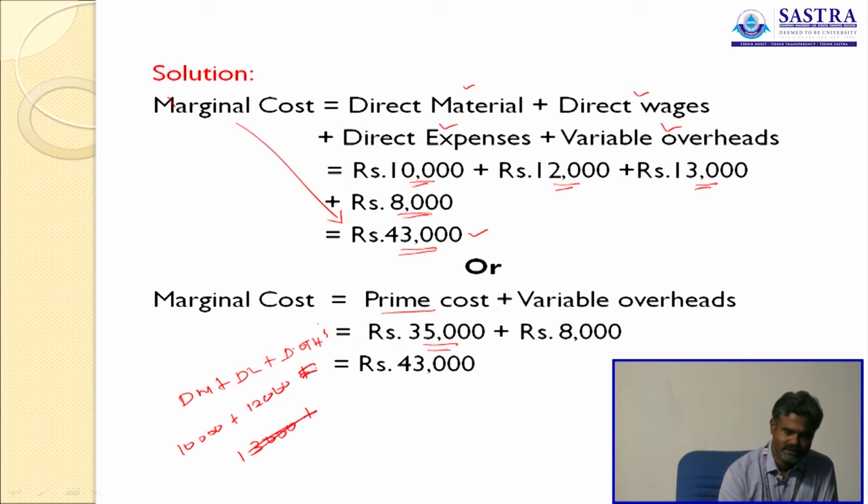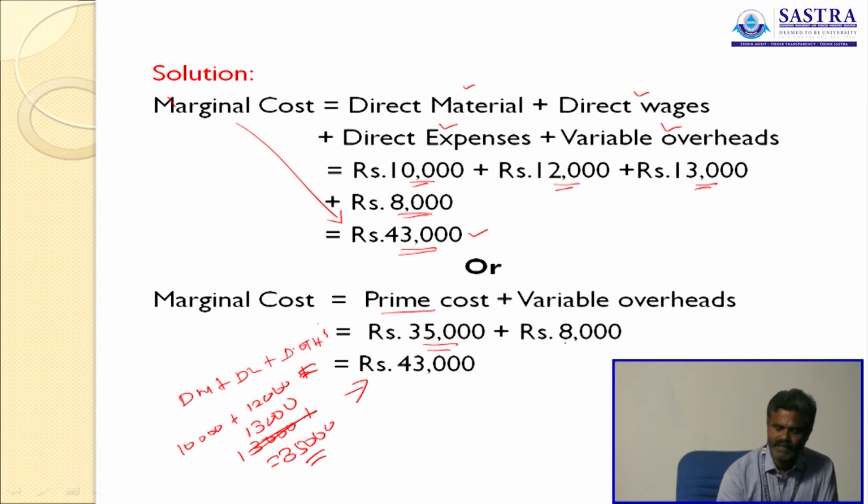So the total of these three figures, direct material, labor, expenses, 10, 12, 13, is 35,000, sorry, not 45, 35,000. So prime cost is 35,000.